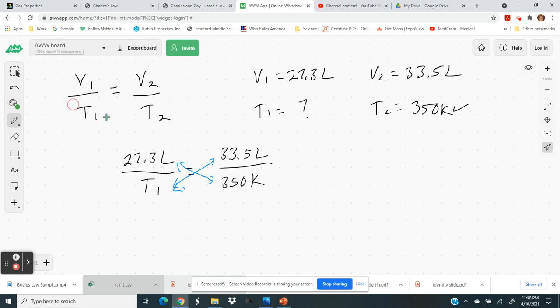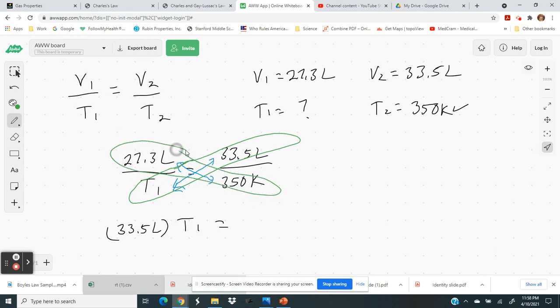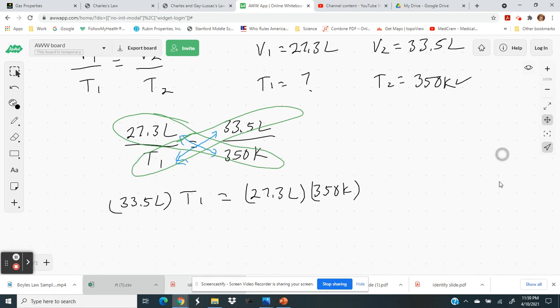I take these two and multiply them together: 33.5 liters times T1 is going to be equal to 27.3 liters times 350K. If you want to multiply them together and get liters times Kelvin, that would be fine. I'm not going to do it.